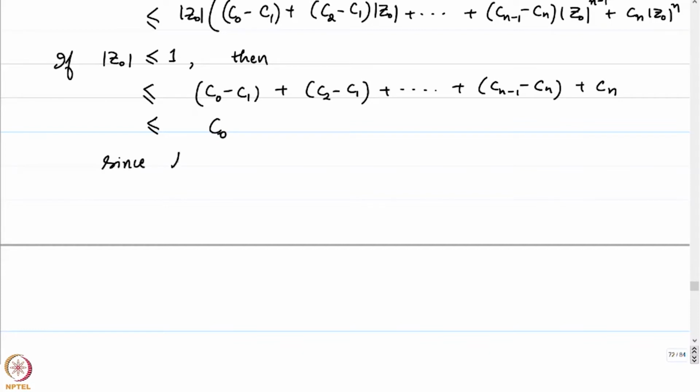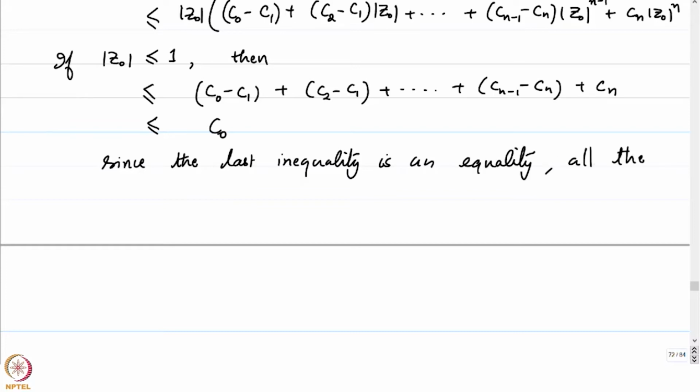Since the last inequality is an equality, all the inequalities above are also equalities.